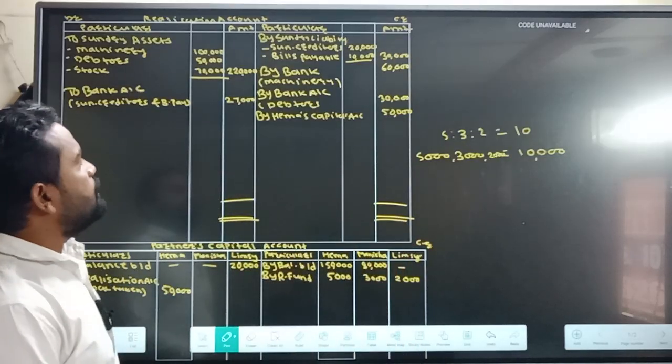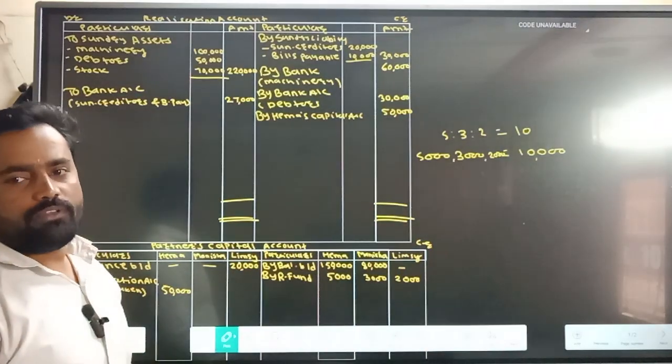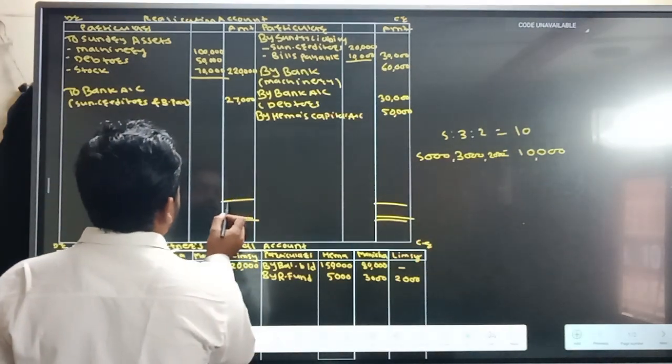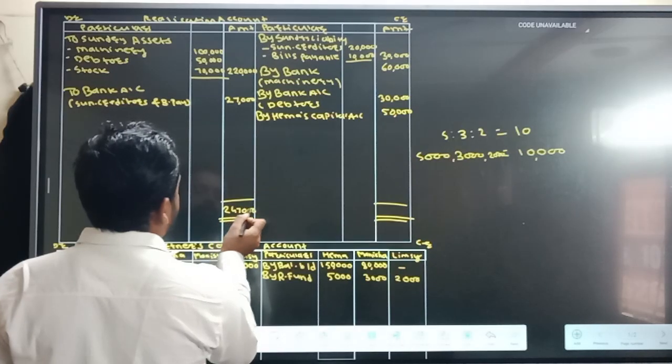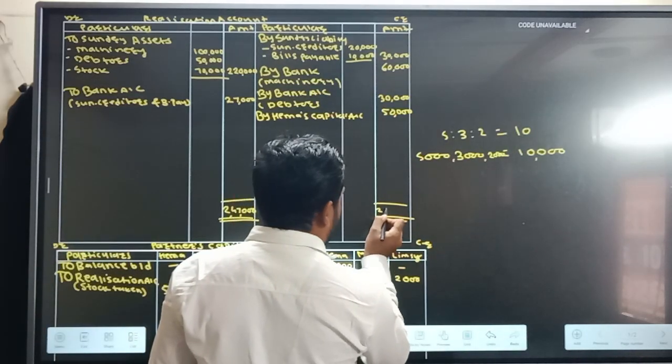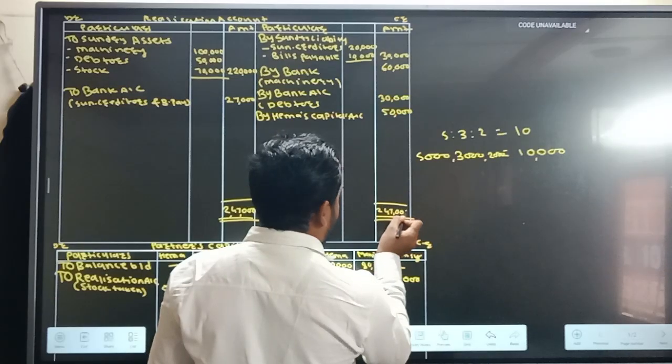Is the debit side or credit side more? Debit side is more. How much amount? 2,47,000 is the debit side amount. Write this amount to the credit side as well, 2,47,000.